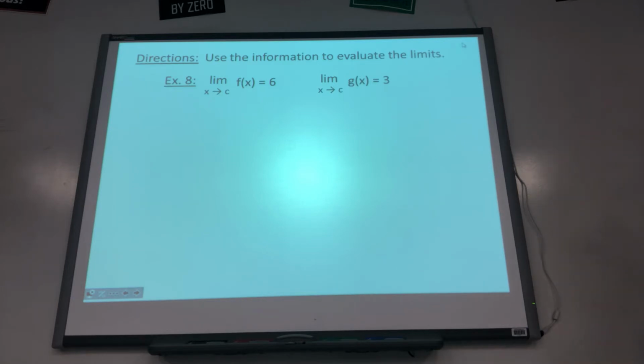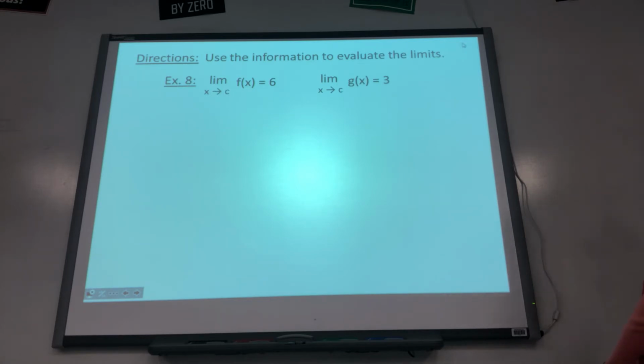It's telling you what these two limits equal. It says the limit as x approaches c of f of x equals 6. We don't know what c is. We don't know what f of x is. All we know is that the limit is 6.